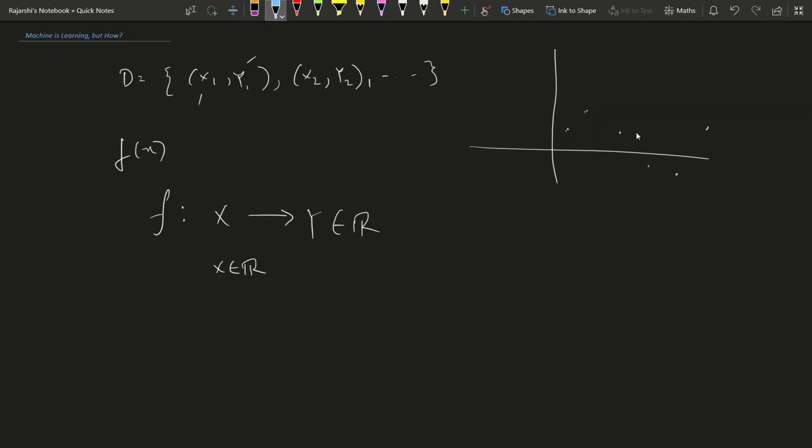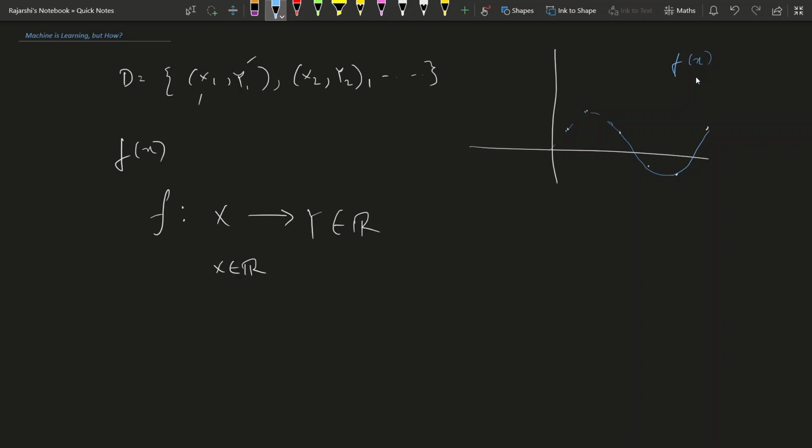If you join these points, they represent the sine curve, right? And that is your f of x. You believe that there exists a pattern, and that is your f of x. Or you don't know whether it's exactly a sine curve, but you believe there is a function f of x that represents this whole data set. Now, your job is to find this function f of x.